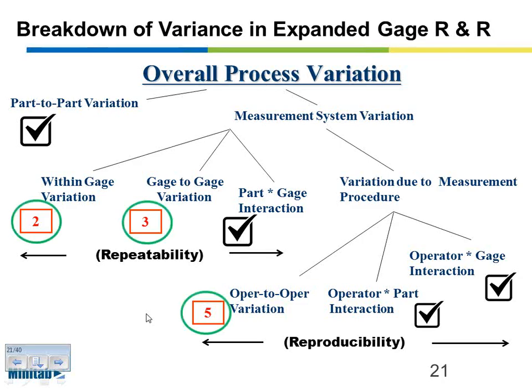That leaves us with 3 sources of variation. Our sampling plan should do an excellent job of measuring the repeatability within an instrument, within a gauge. It should do an excellent job of measuring the gauge-to-gauge variation, and then an excellent job of measuring operator-to-operator variation. So this is where we're going to focus, and we're going to focus on the repeatability or the within-gauge variation first.